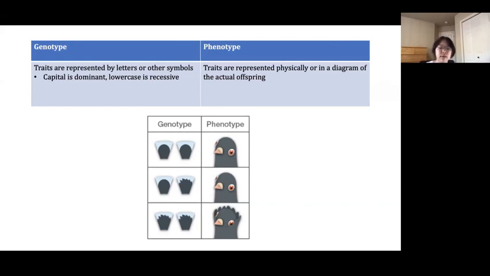Just to summarize, a genotype is the traits represented by letters, or in this case, symbols such as these pictures. On the other side of the genotype, we have your phenotype. The phenotype is traits that are represented physically or in a diagram of the actual offspring.